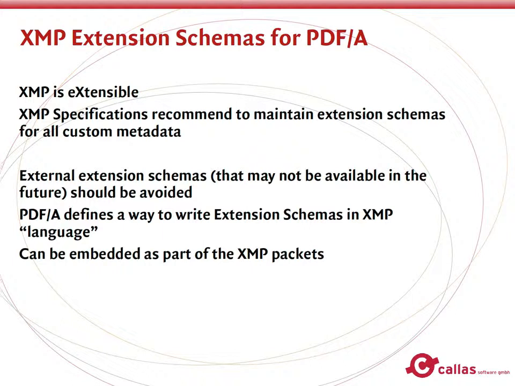But because PDF/A as an archive file format wants to be complete, it requires that whenever you use custom metadata, you have an explanation about the metadata at hand. That means embedded into the file. The XMP specification says, okay, you can define your own custom metadata, but then you should have kind of an explanation for that.